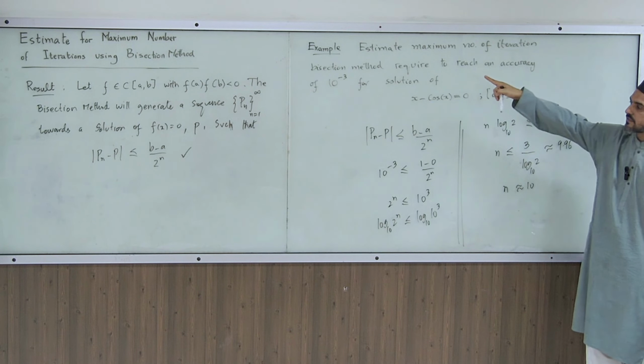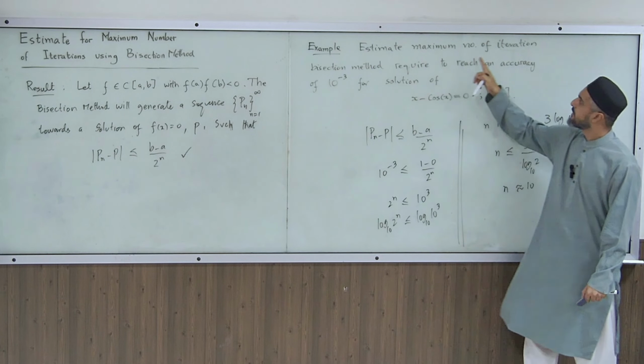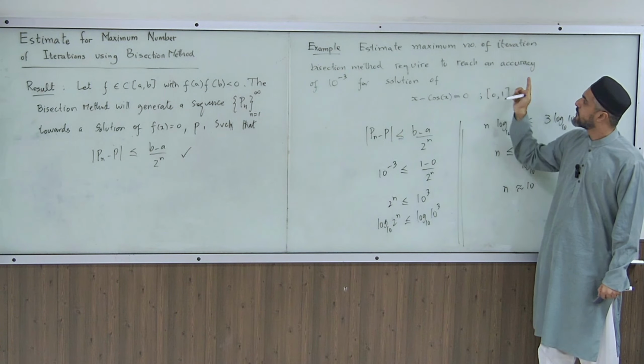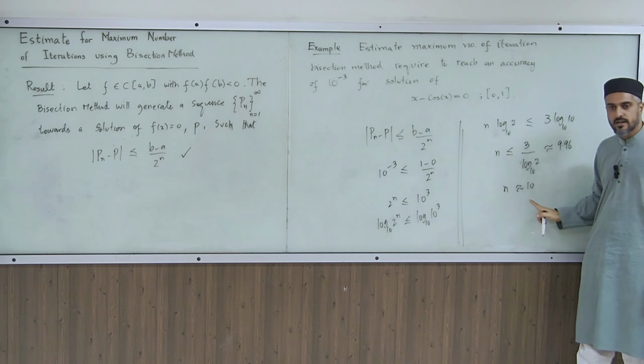Now if you try to answer the question, it says: estimate the maximum number of iterations the bisection method requires to reach an accuracy of 10 to the power minus 3. So what is that? 10.